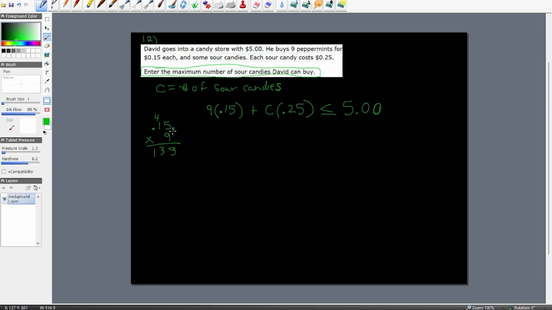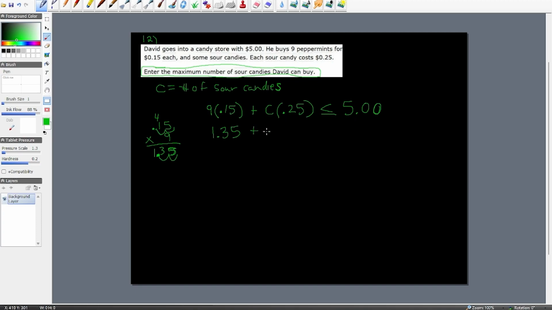Then we'll count the decimal places. 1, 2, so it's 1.35. Okay, so in total, he spent $1.35 on those 9 peppermints.